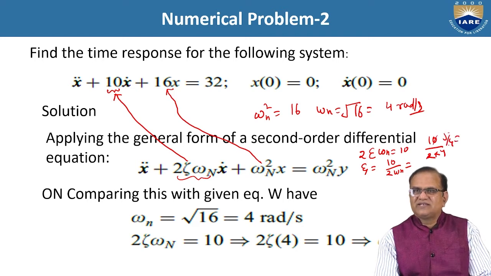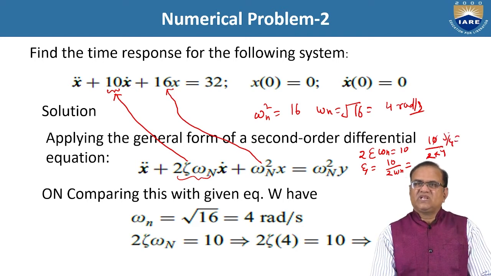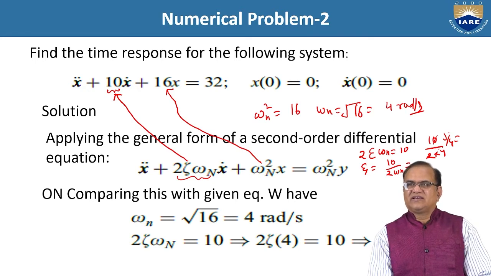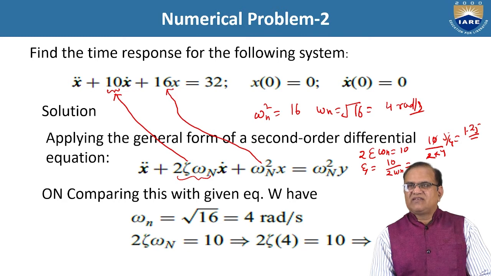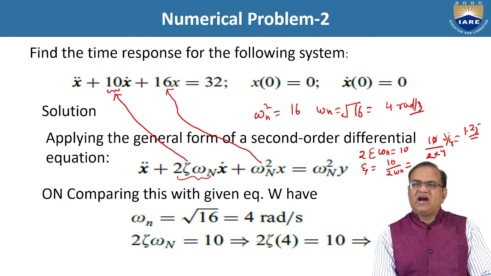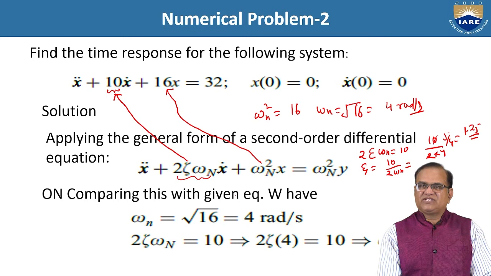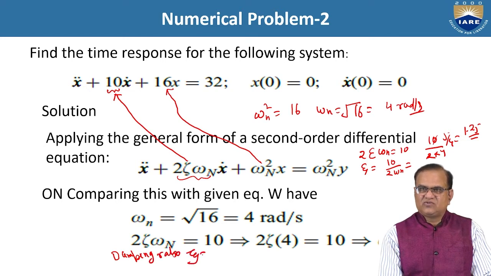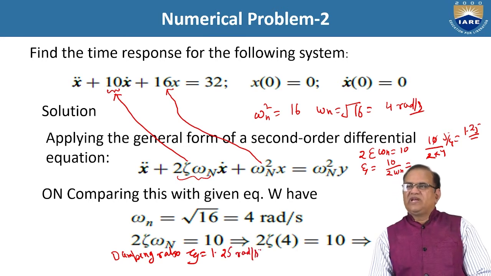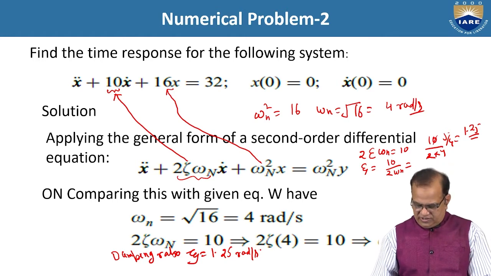So you will get 1.25. So here it is given 1.25. So we got this zeta, or the damping ratio. Damping ratio zeta is equal to 1.25. Okay, so we have got this equation.